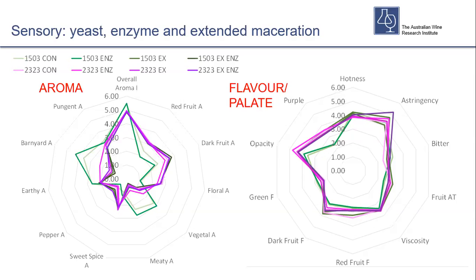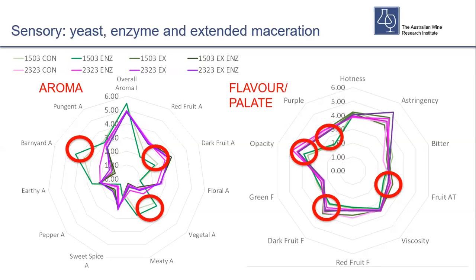But importantly, the change in using enzyme or extended maceration did not significantly separate the treatments from one another. So just by using 1503 compared to 2323, you could significantly increase dark fruit flavours. But then applying extended maceration on top of the 2323 strain introduced no further differences.